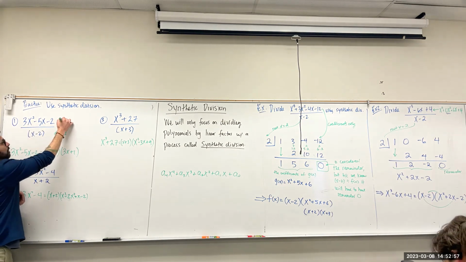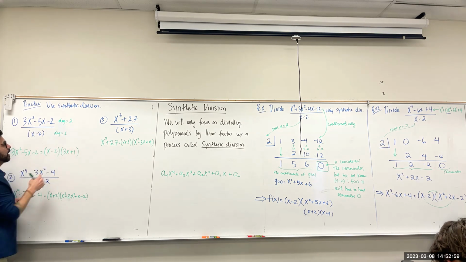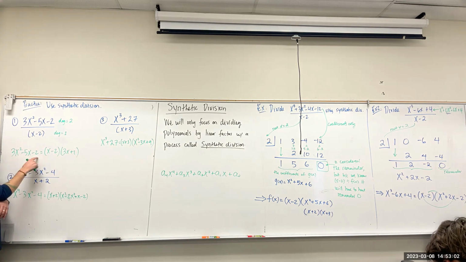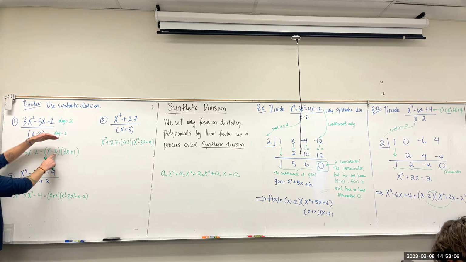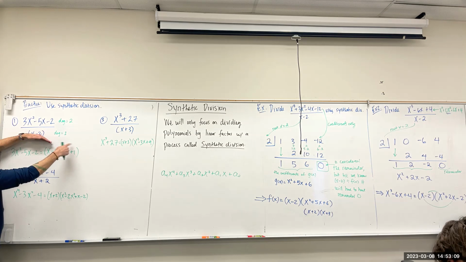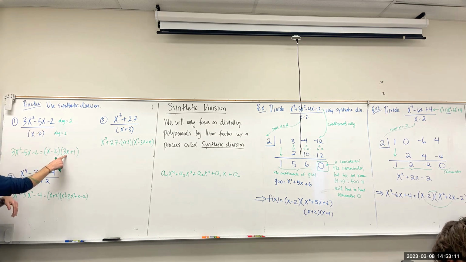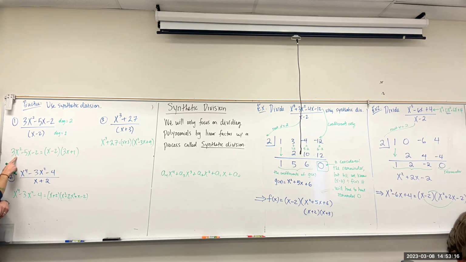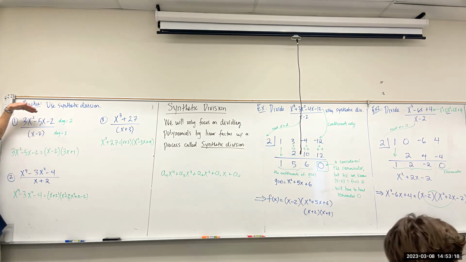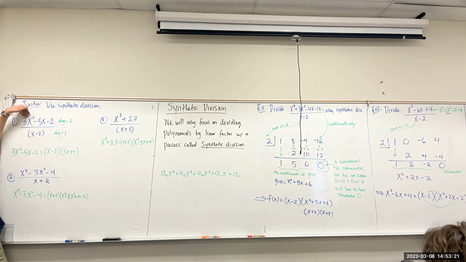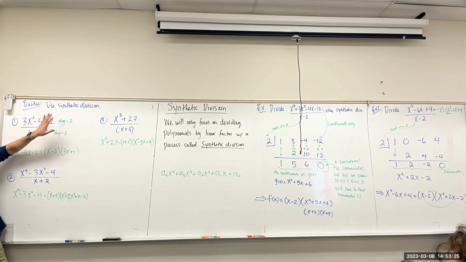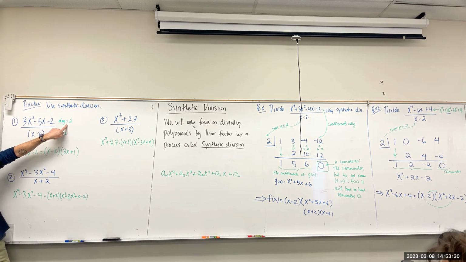What's the degree of the one on top? 2. Okay, notice this is degree 2. This one's degree 1. So your g of x is going to have to also be degree 1, because when you multiply these together, it will give you a degree 2. So what does that mean? That when you divide your polynomial on the top by a linear factor, your answer should drop 1 degree. Let me show you what I mean here.